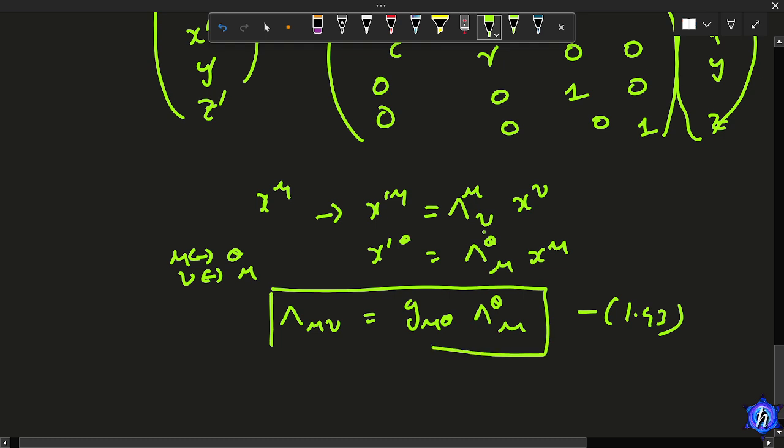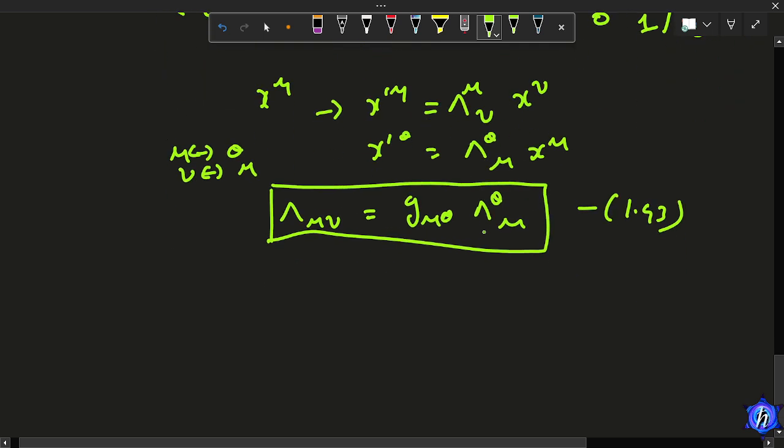We know this condition. We are just using the definition. Now we can write this in an expanded form.